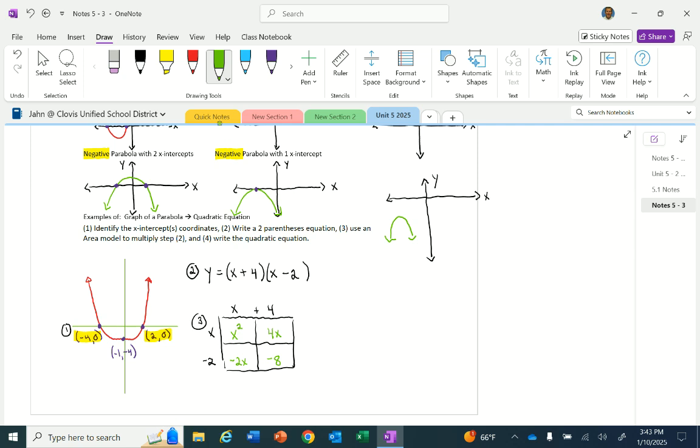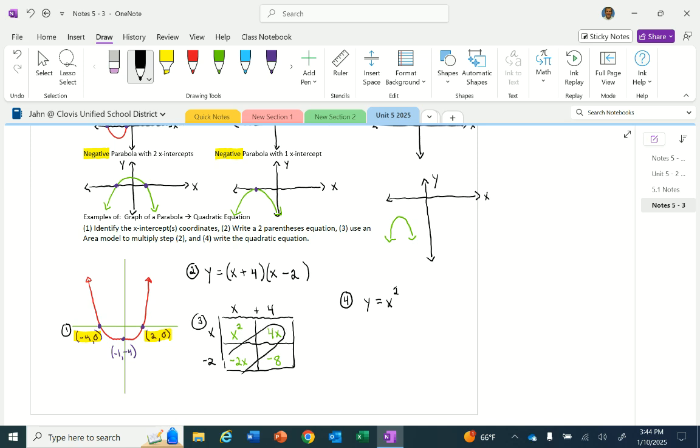And then this area model, when I simplify it, leads me to step number 4, which is what the quadratic equation is. So my quadratic equation is going to be y equals, so I'm going to write the same equation as step 2, but instead of writing the parentheses, I'm going to write the multiplied out version, which I get from the area model, which is x squared.